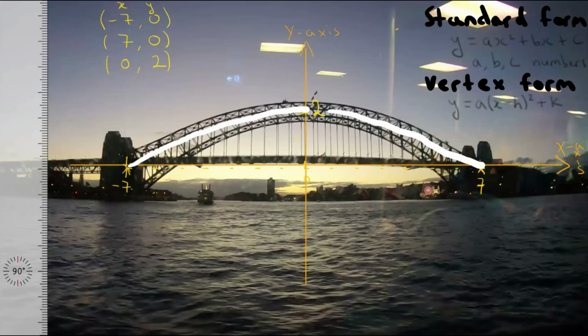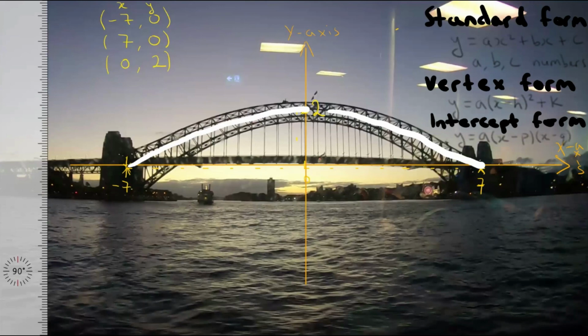And the third type is called the intercept form. It looks like this: y is equal to a at the front as a constant, x minus p in brackets, that's one factor, and the other is x minus q.